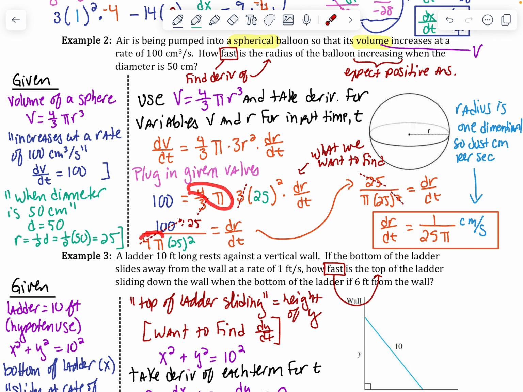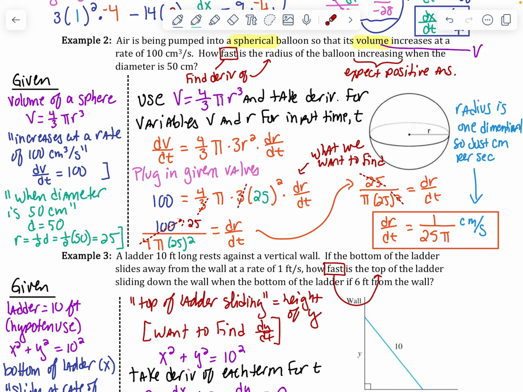So I'm just left with 4 pi times 25 squared that I'm going to divide to the left side. 4 will go into 100 25 times. So now I just have 25 over pi times 25 squared. But that means one of the 25's in the numerator can cancel with one from the squared term. So in the top of my fraction, I just have a 1. Now I have a single 25 with pi, and that is my numeric value.